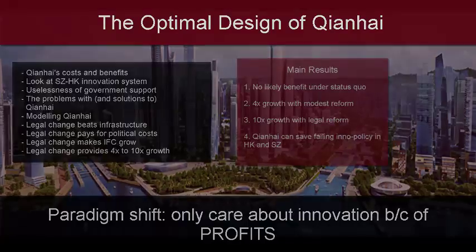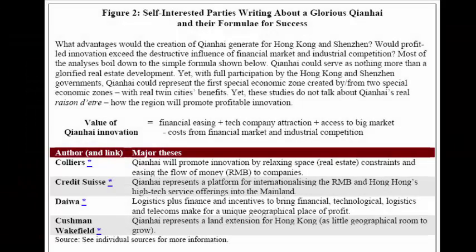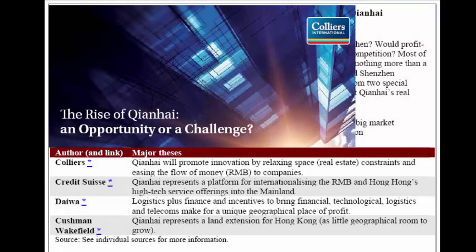What is Qianhai? Numerous observers have written about Qianhai, reviewing what the project is, as well as some of the likely benefits from the project. In our paper, we review 4 overviews of Qianhai, presenting Collier's vision of Qianhai as promoting innovation by offering relaxing spaces and lightening real estate constraints.